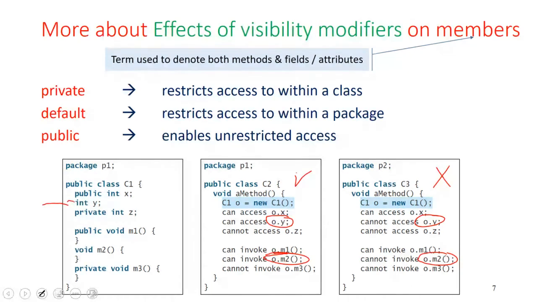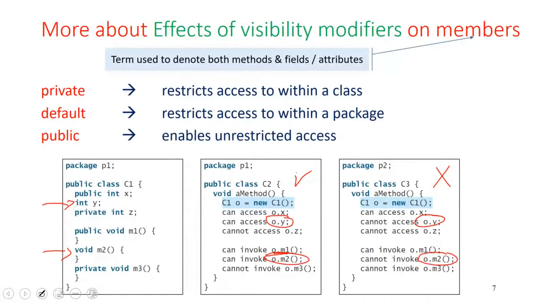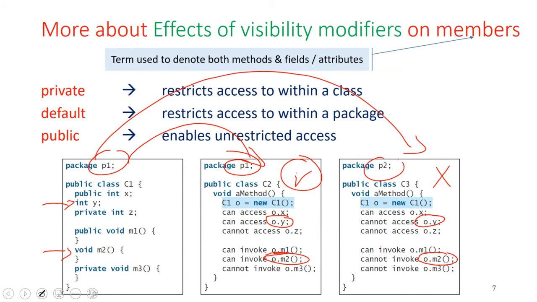They have been declared without the keyword public or private, so we call that default visibility. Default visibility means that they are public for other classes in the same package. That's why this one is able to access them. But they are private for classes in a different package. This is package P1, this is package P2, so we cannot access those attributes and methods.